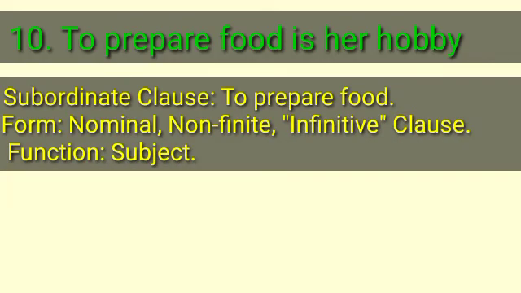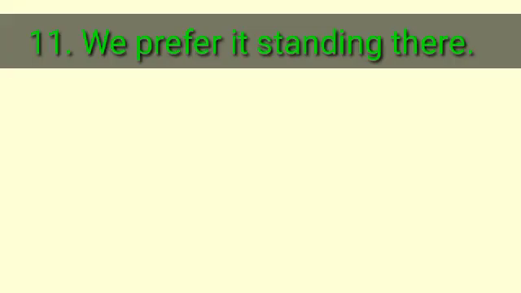See the next sentence. To prepare food is a hobby. In the sentence, to prepare food is a hobby, to prepare food is the subordinate clause. It is a nominal non-finite infinitive clause, and its function is that of the subject. See this example, we prefer it standing there.